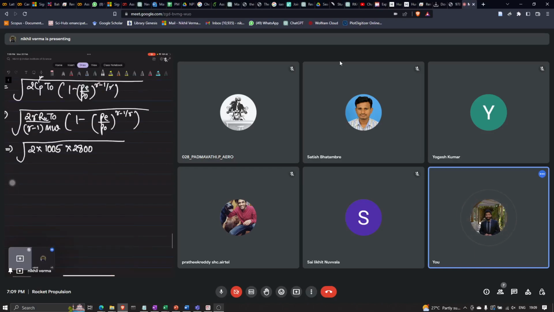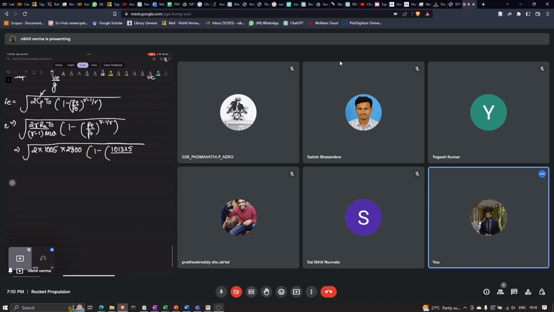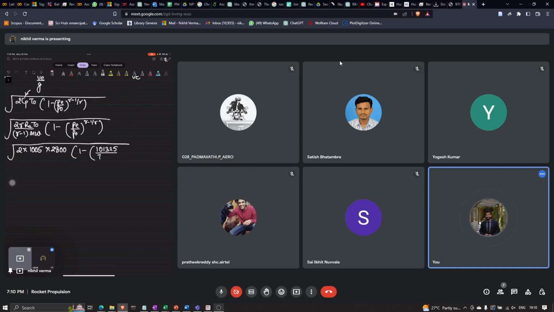Then we have 1 minus P exit, which is equal to the atmospheric pressure, over P naught, the chamber pressure, given as 10 to the power 6, to the power 0.4 by 1.4.